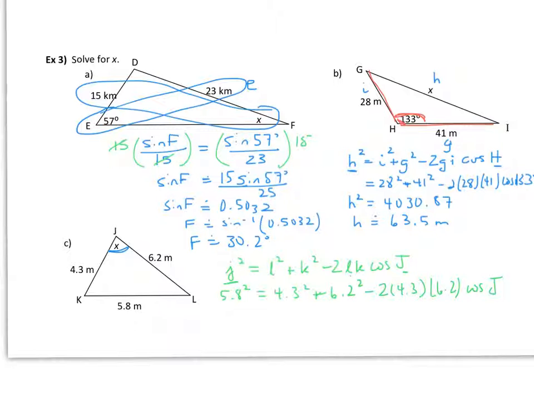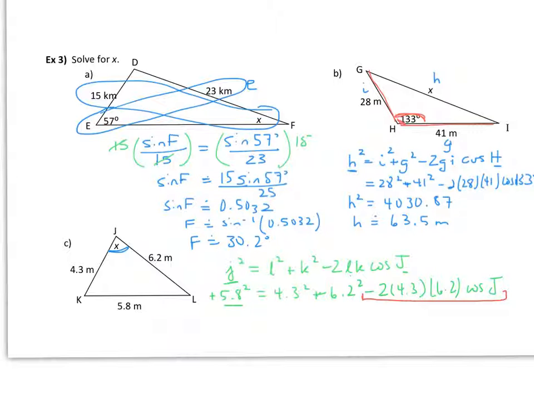Okay, so there's a bit of work to be done here. This 5.8, I'm going to do a little bit of a switcheroo here. It's a plus on this side, so it's going to come to the other side and become a subtract. The other piece, which I'm going to do a switcheroo with, is all attached through multiplication and it's a minus, so I'm going to switcheroo by adding all of that.